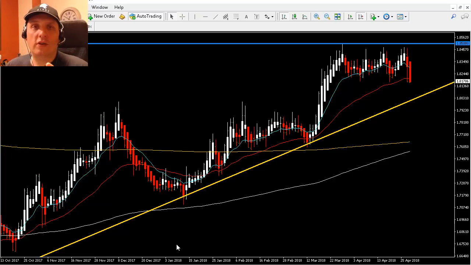If you have 6 or even more, and you know that they do the same thing more or less, choose only the pair that looks best, that has the best reaction, the best looking setup, the biggest target. Or if you want to trade 2 or 3 of them, split the risk between them so you don't expose your trading account to too much risk.